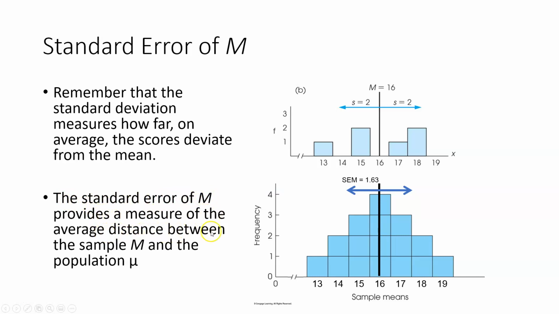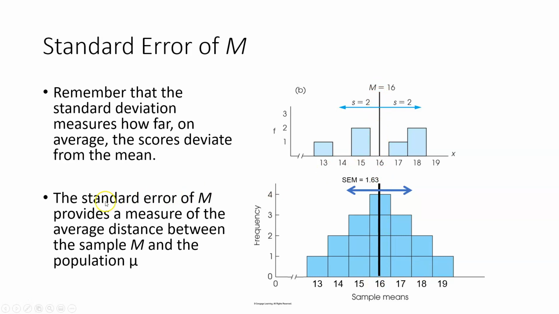If you were to compute the standard error of the mean, that would provide a measure of the average distance between the sample mean and the population mean mu. So if this were a population mean instead of a sample mean, say this was mu and this was sigma, then the standard error of the mean would be to take sample after sample after sample from this population and compute a sampling distribution down here, and the mean of which would be the same as the population mean.